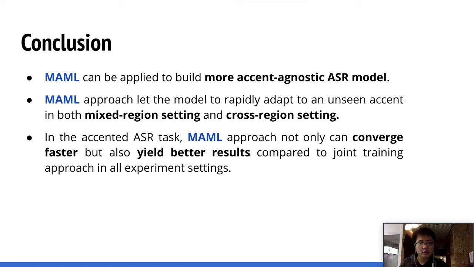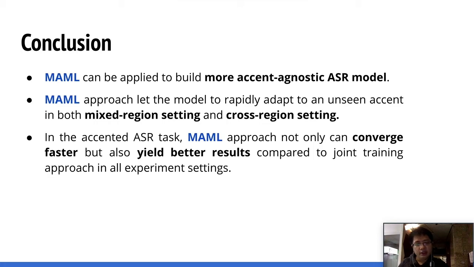To conclude, based on all of our experiments and analysis, we have shown that MAML can be applied to build a more accent-agnostic ASR model. The MAML approach can rapidly adapt to unseen accents in both mixed region settings and cross-region settings.